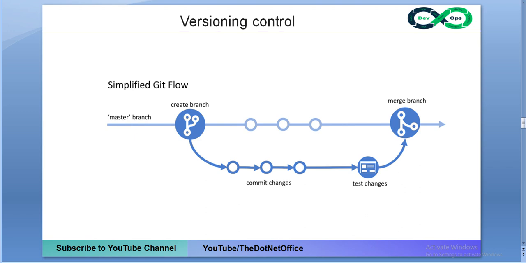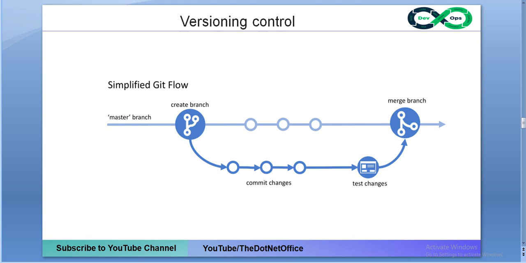So version control refers to a system that records changes to a file or set of files over time, called versions. In other words, these versions help you track the changes in your code project, and if necessary we can undo those changes.